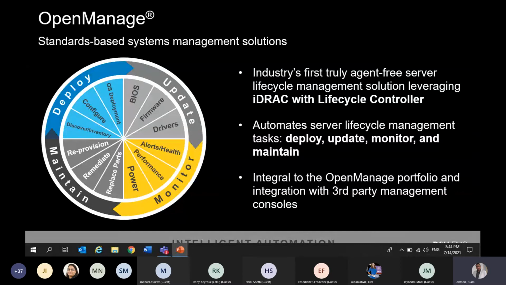You can monitor your whole server from one single dashboard. So along with iDRAC, OpenManage provides a very unique automation solution for the server.